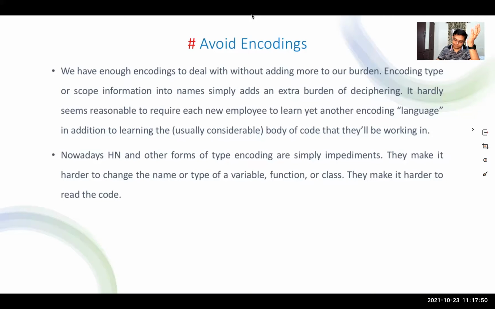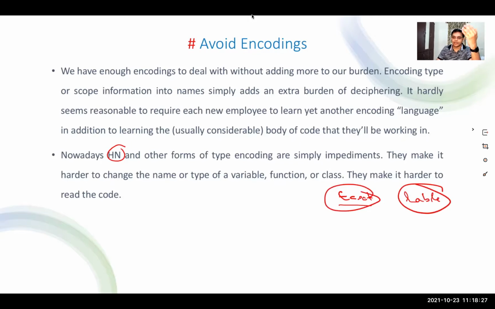And there is the HN or Hungarian notation kind of encoding. You remember the days, if some of you have worked on the very early Visual Studio programs, like Visual Studio 6, there is a concept that every text field should be prefixed with text, or a label should be prefixed with label. Some of us still follow that, I know, but these are actually bad. We should not add all those kinds of encodings.